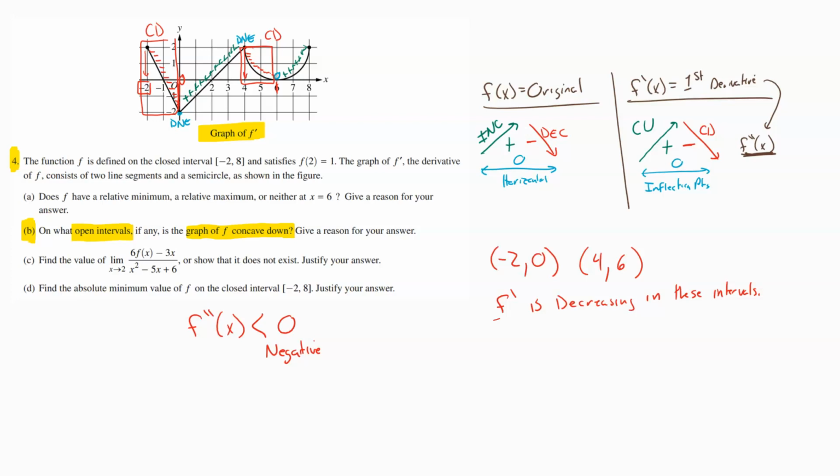So where the first derivative is decreasing is where we have a negative second derivative. We would have gotten 2 points for this question. You would have gotten 1 point for telling them the interval. And then you would have gotten 1 point for telling them that it was when the first derivative was decreasing that we got these concave down sections.